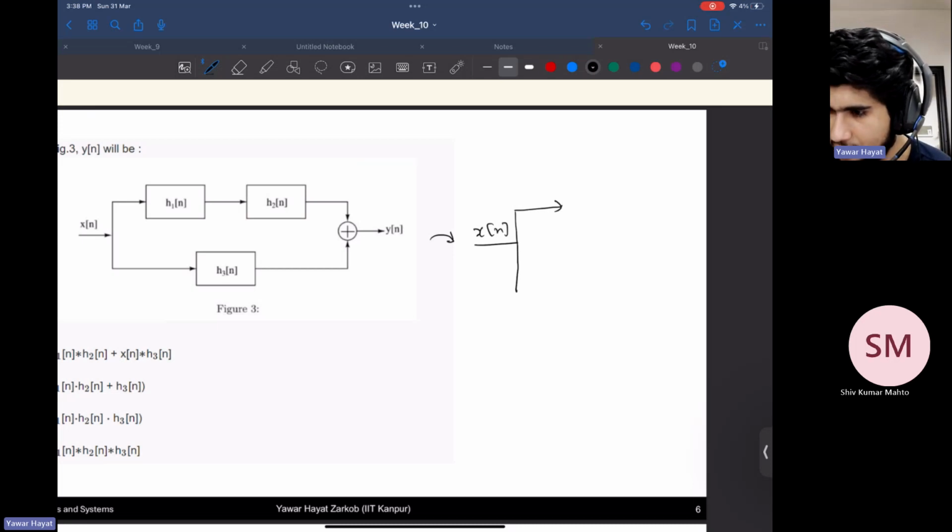So what is the resulting impulse response when two systems are cascaded? It is convolution, right?